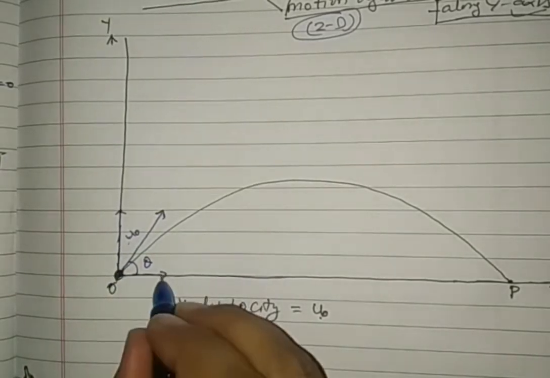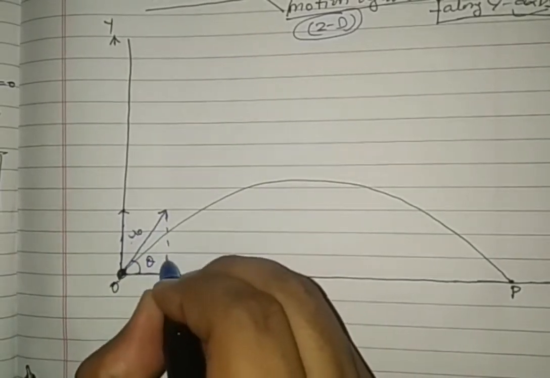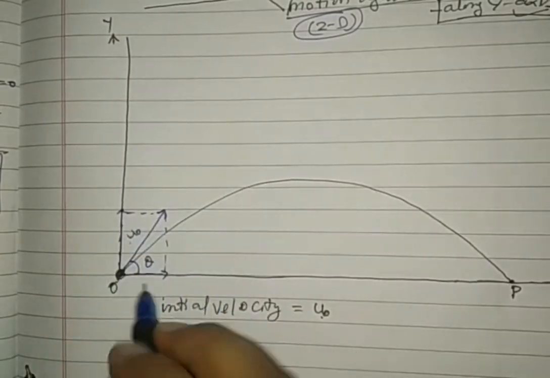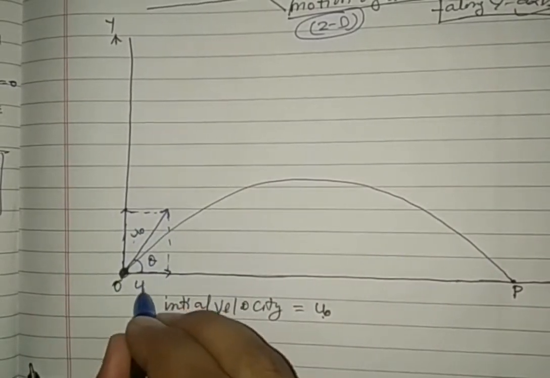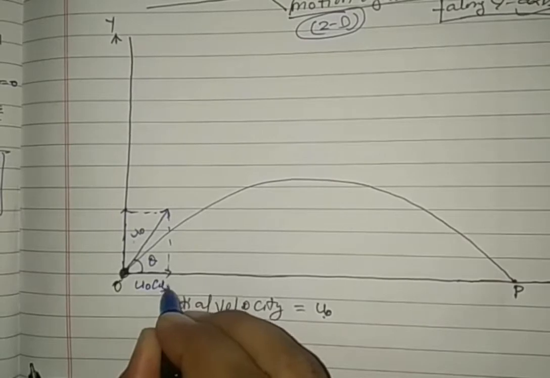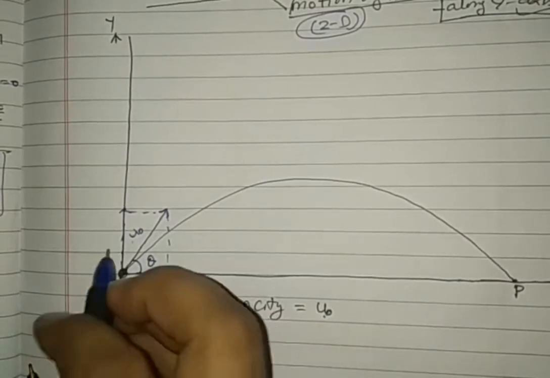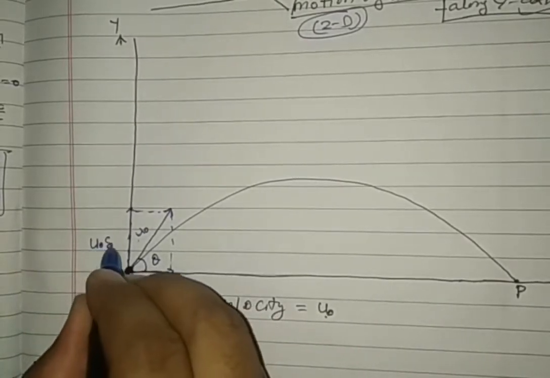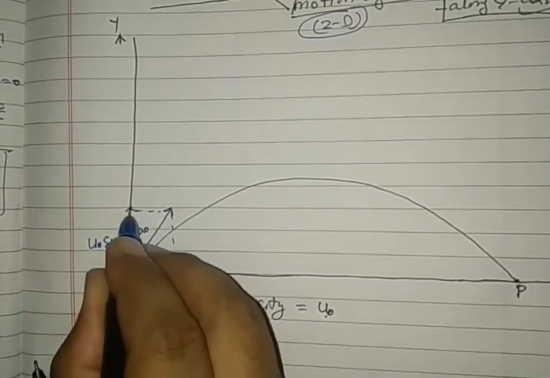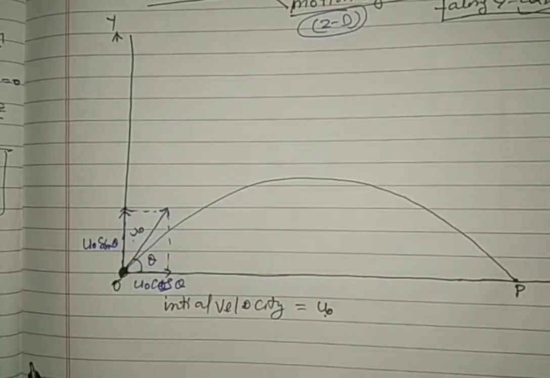Along the x-axis it has a projection u naught cos theta, and upward u naught sin theta, the two components of velocity.